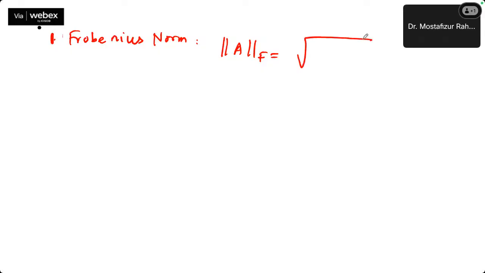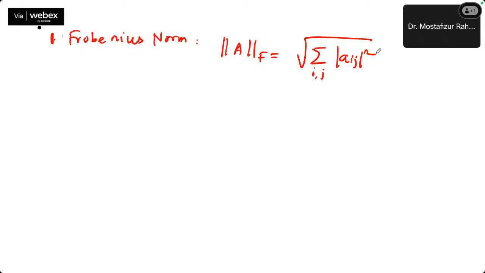One is called the Frobenius norm, typically written as the norm of A with subscript F. This is the square root of the sum over row and column i, j of aij squared. So, individual elements squared, and then the square root.